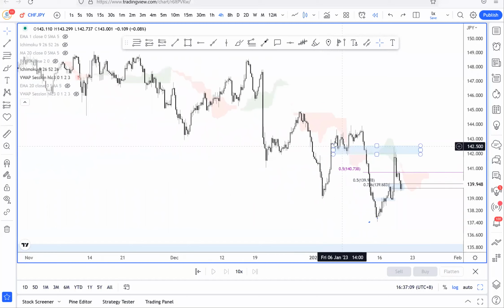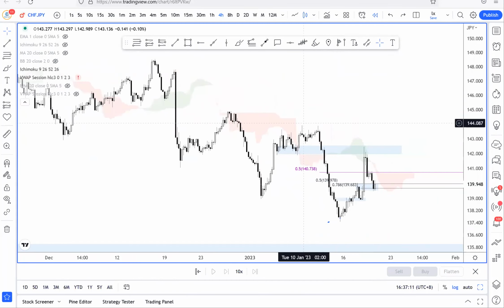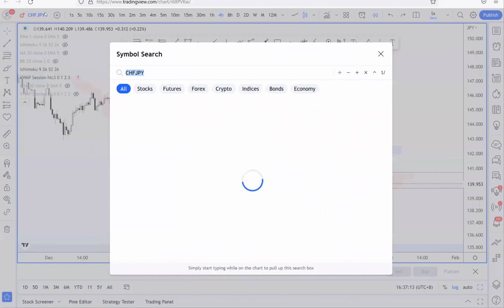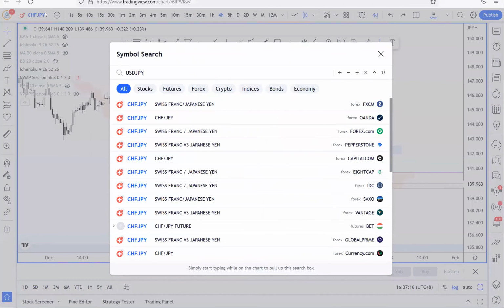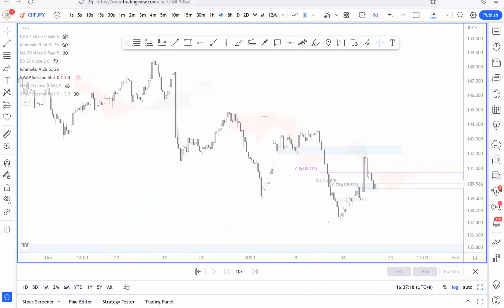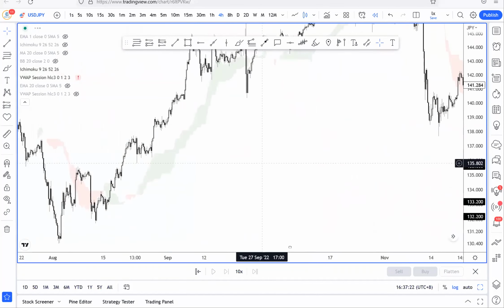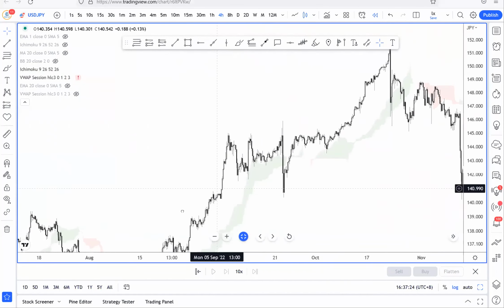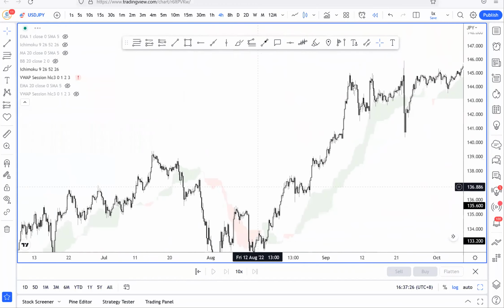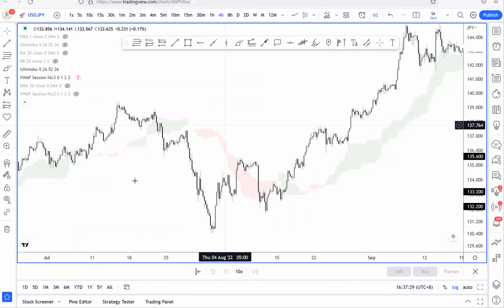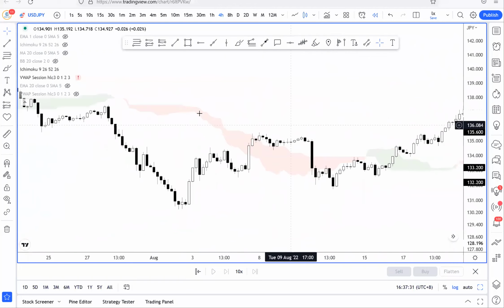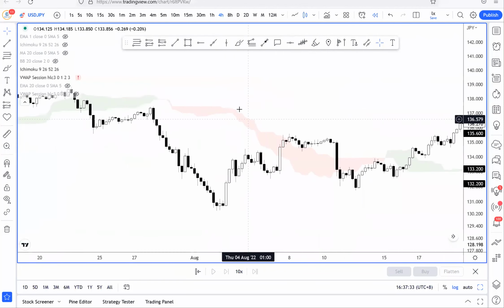For buys, we need to take a look at first a bullish market structure. So let's take a look at an example on dollar yen. Earlier on, let me use this example. Same thing here, using the same example, you can see this is the push up.